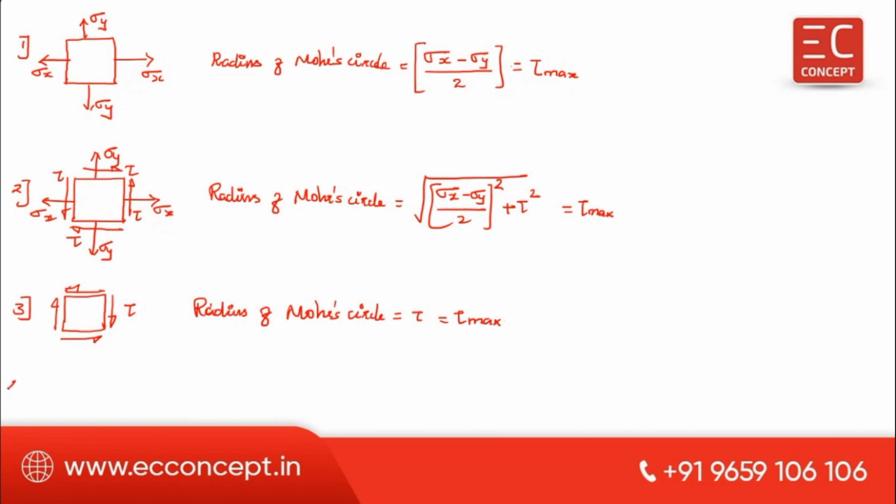Fourth one: if an element is subjected to only sigma x, then the radius of the Mohr circle is equal to sigma x divided by 2, which is equal to tau max.